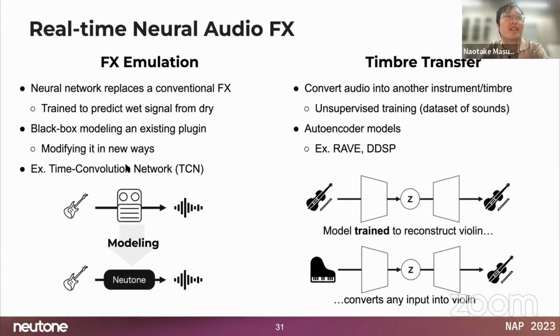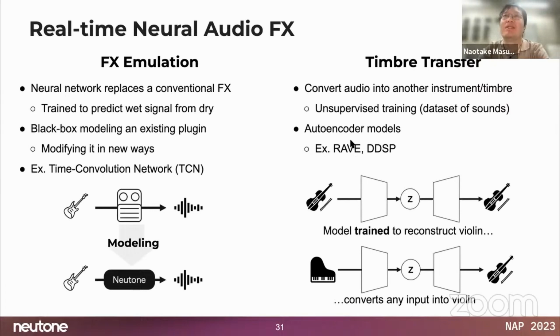An example is the time convolutional network. I'm going to give a brief overview of the Colab notebook, and we're going to show how to train that in this stream right now, after explaining a bit.